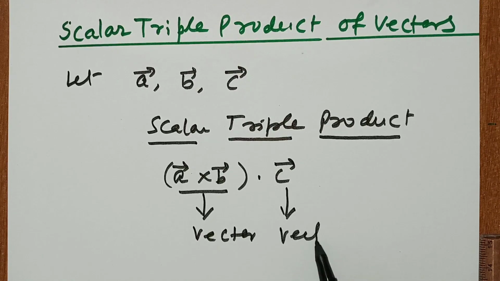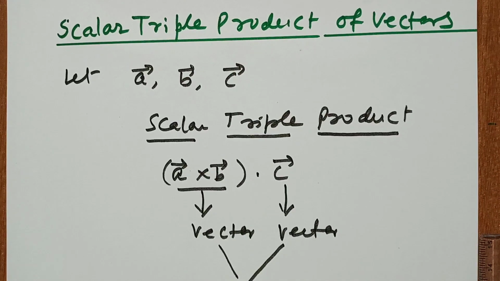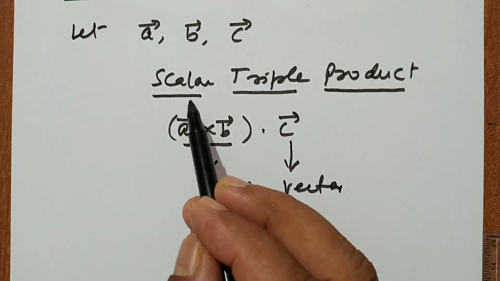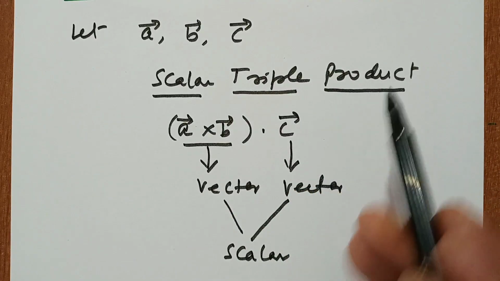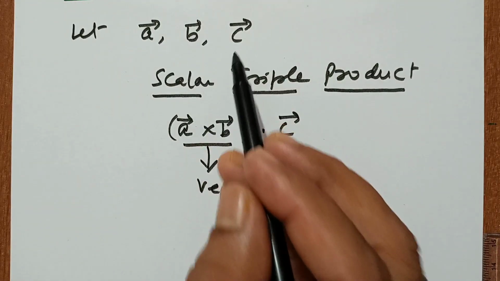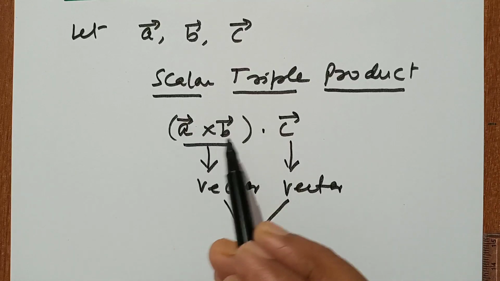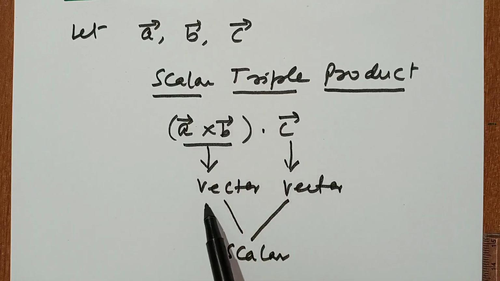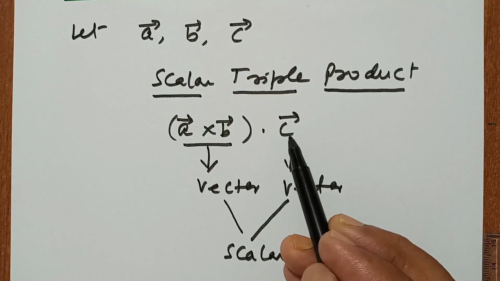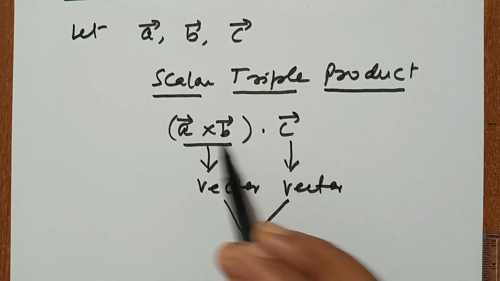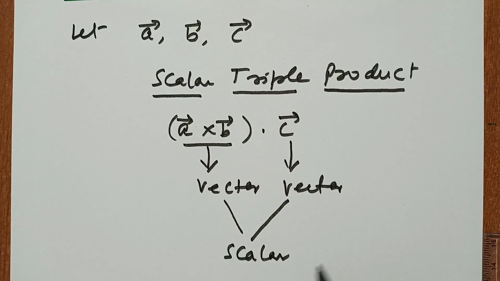So the dot product of two vectors is a scalar quantity. This is the basic idea and concept of the scalar triple product of three vectors.